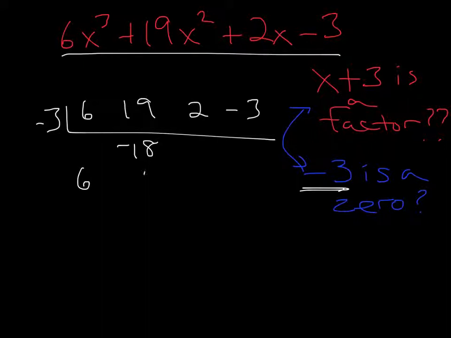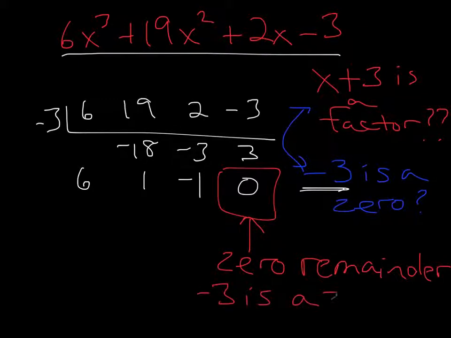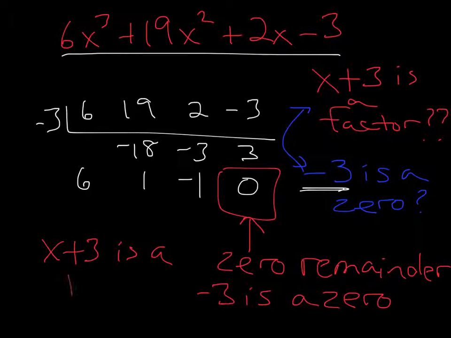When I add straight down, I get positive 1. Multiply by negative 3, I get negative 3. I get positive 3, and I get 0. Oh, and look at that. If I have a 0 remainder, then negative 3 is a 0. And, like you just learned, x plus 3 is a factor. Okay?